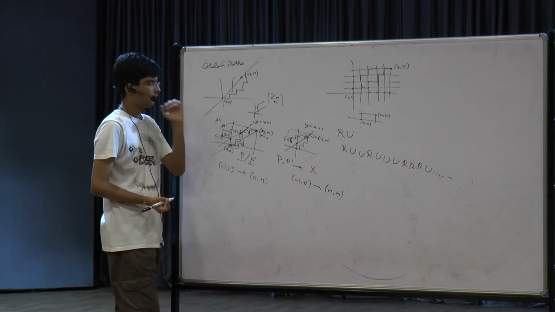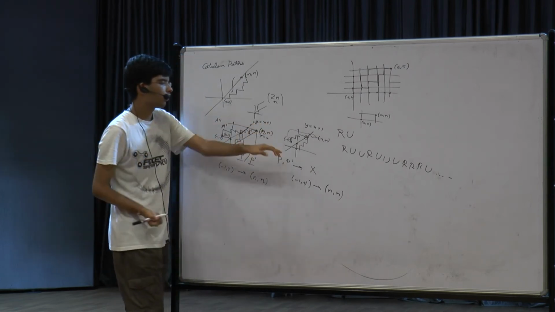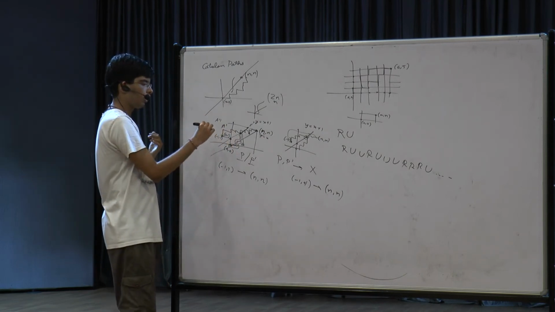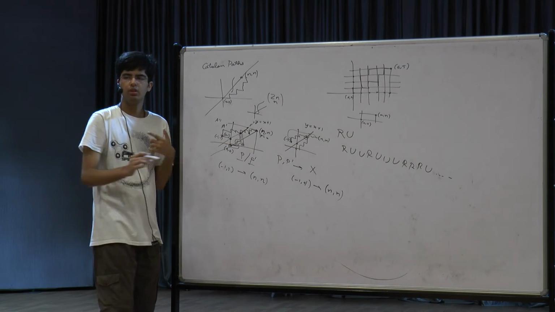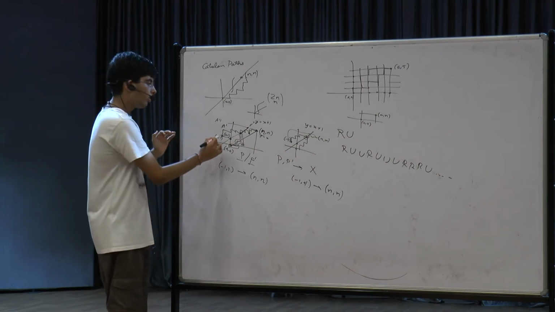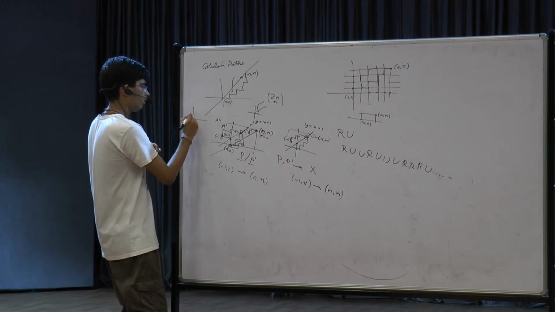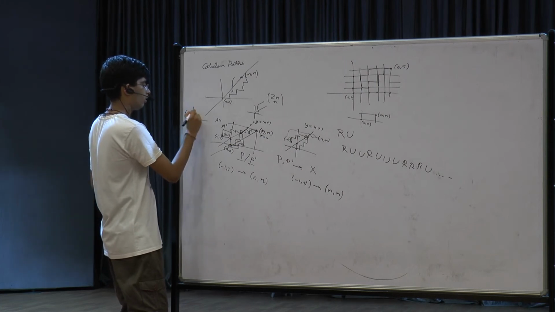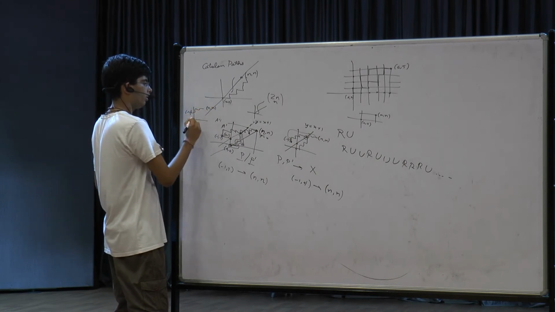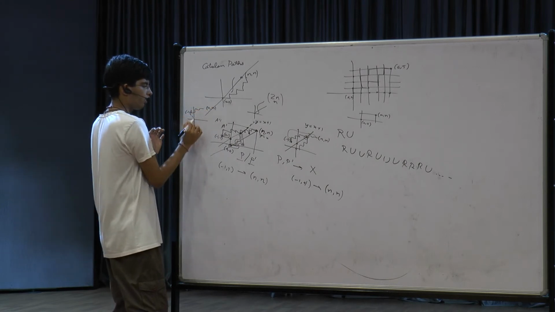So what we have shown is a bijection between the bad paths and the paths from minus 1, 1 to n, n using ordinary right and up moves. Now we shift. If you look at this, we have minus 1, 1, we have n, n. Any path here, we shift it like this.